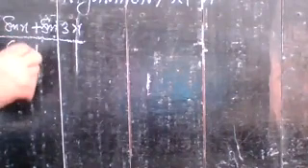Yes, prove that (sine x plus sine 3x) upon (cos x plus cos 3x) is equal to tan 2x. You have to prove that it is equal to tan 2x.